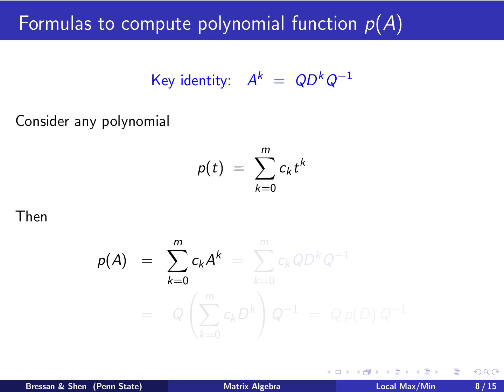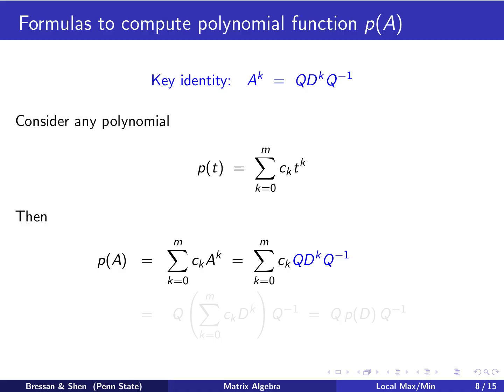Now we are ready to derive the formula to compute the polynomial function p of A. And the key identity is what we derived on the previous page. A to the power k is Q times D to the k times Q inverse. Consider any polynomial p of t like this. We can write it out for the matrix A. P of A would be the summation of this with A to the k. Now we put in the expression for A to the power k, this one here.